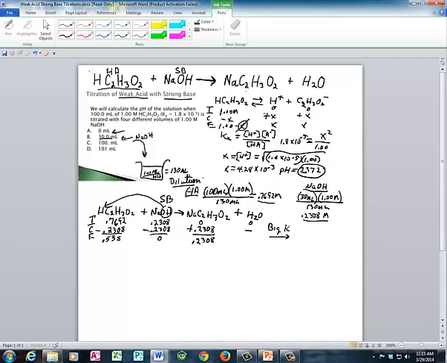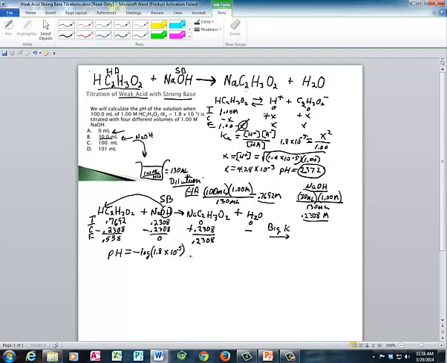We have a buffer. When you have a buffer system, you can either use an ice table to calculate the pH, or you can employ this special equation called the Henderson-Hasselbalch equation. The Henderson-Hasselbalch equation says that the pH of this buffer will equal the negative log of the Ka, which we call the pKa, and the Ka for acetic acid is 1.8 times 10 to the minus 5.